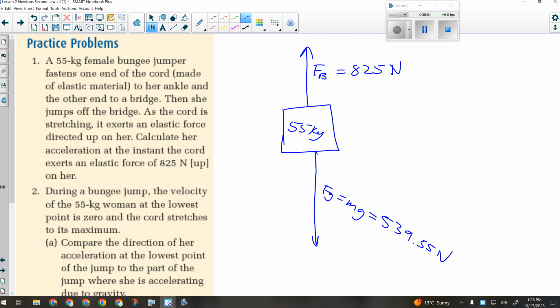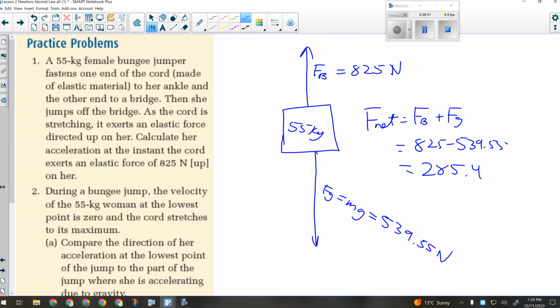Can I calculate my net force now? Well, I got the 2 forces that are involved. F net's the vector sum of all forces, force in the bungee cord plus the force of gravity. So that'll be 825 minus 539.55, which should give me my net force there. So 285.45 newtons up.